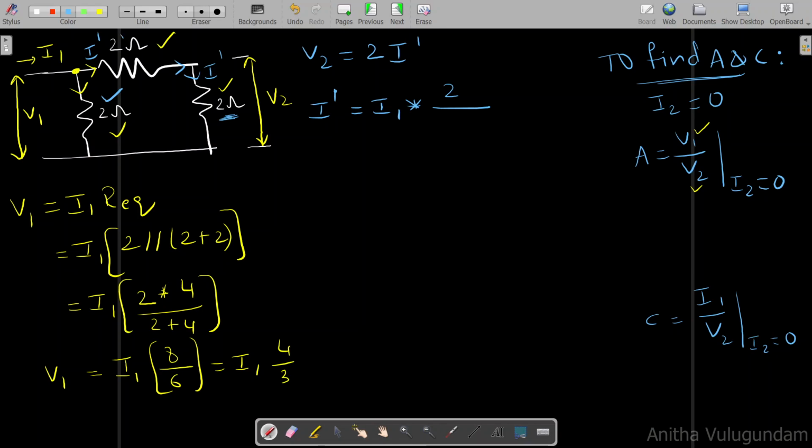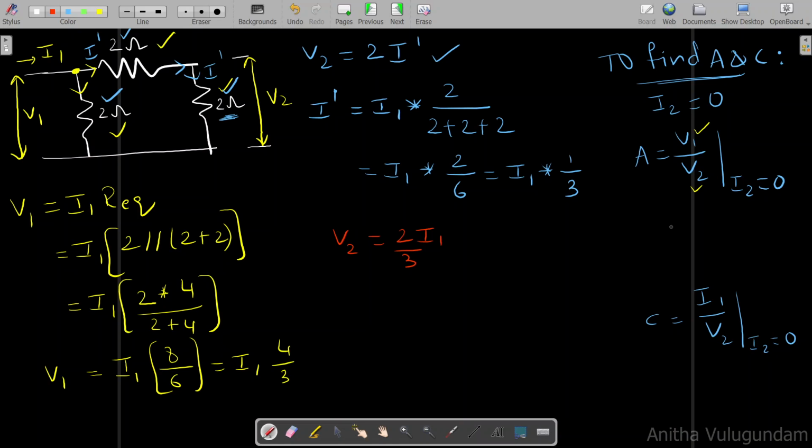Total is 2 plus 2 plus 2. So I1 into 2 divided by 6, I1 into 1 divided by 3. By substituting this I dash value here, we can write V2 equal to 2 I1 by 3.